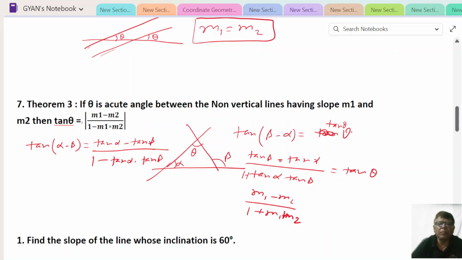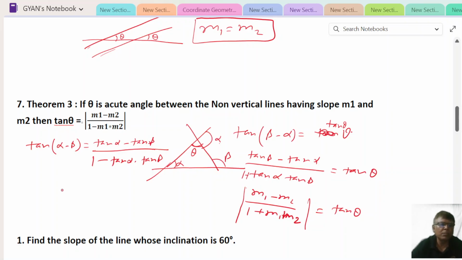Suppose beta is smaller than alpha, then it will be negative. But an acute angle cannot be negative. So what will we do? We'll take the mod of this, equal to tan theta. Because if this is acute, then this other angle will be obtuse. Actually, the angles between two lines are one acute and one obtuse. So negative will give you the value of the obtuse angle and positive will give you the value of the acute angle.